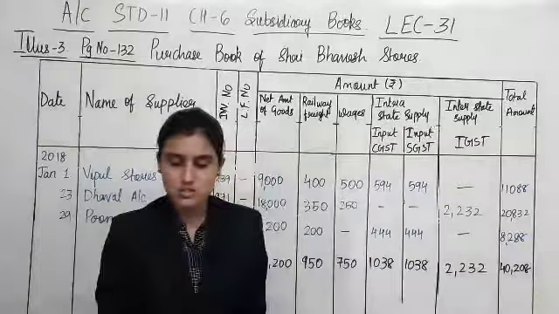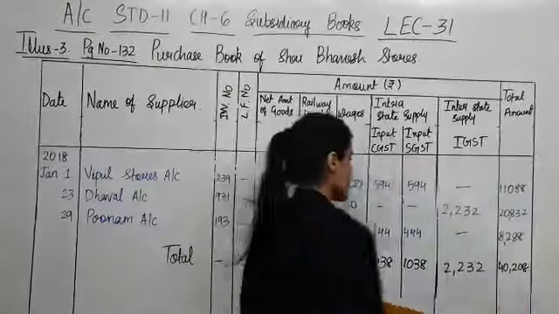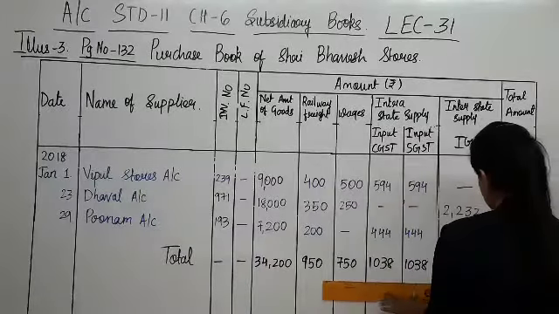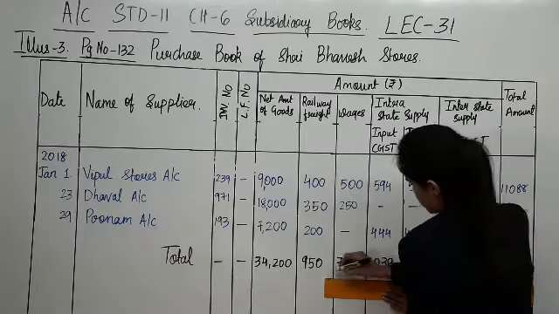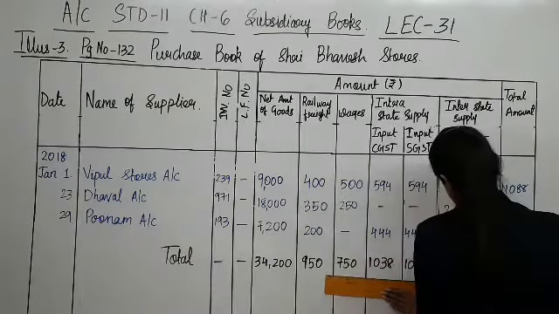So this completes our sum. We just need to put a line below the total and the sum is complete.